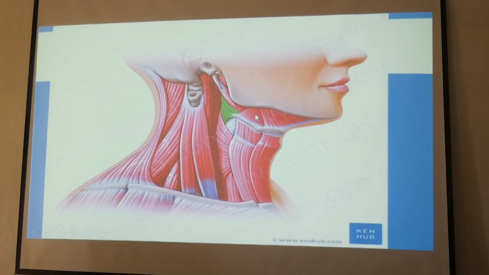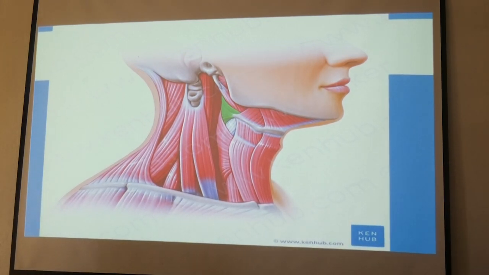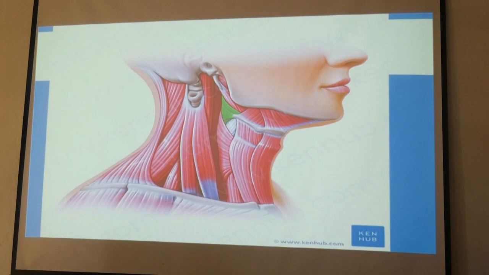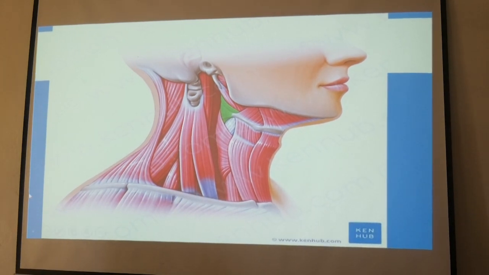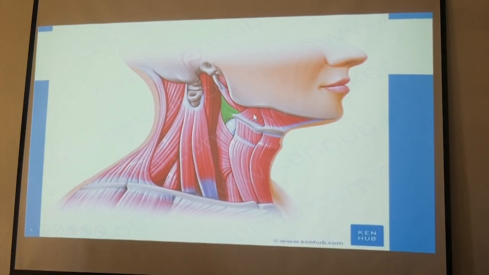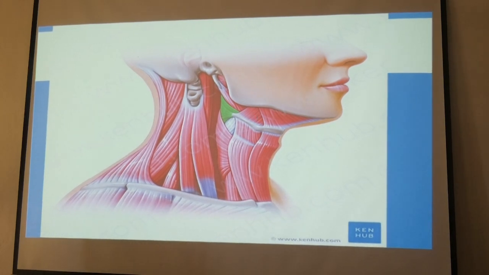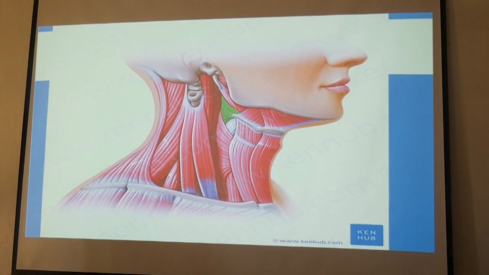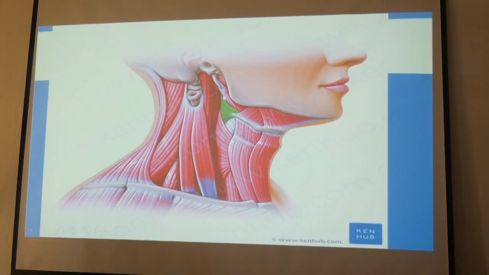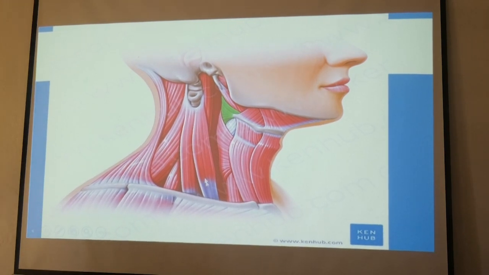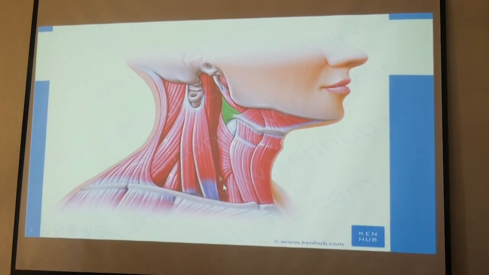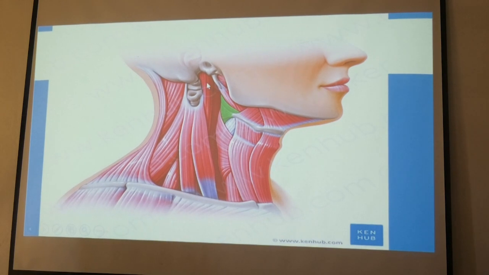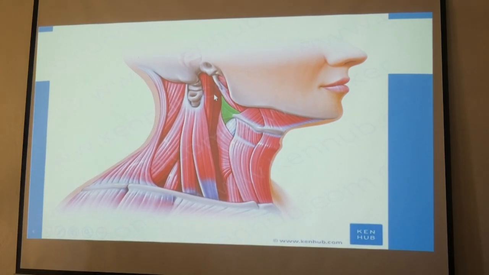Which belly of the digastric is this? Anterior belly of, is this posterior or anterior? Anterior belly. So the posterior belly is this one. Okay, right? So what is this? This is the sternocleidomastoid. So which is this? This is the middle constrictor.